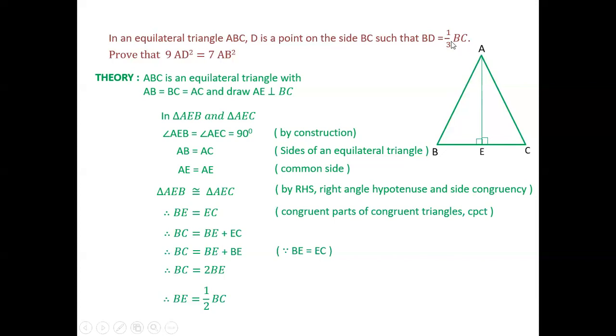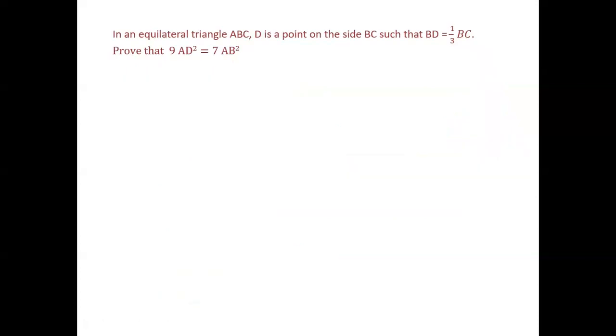When we draw a perpendicular from the vertex to the base in an equilateral triangle, it will divide the base into two equal halves. So now let us continue with the question. Let's go for the solution.